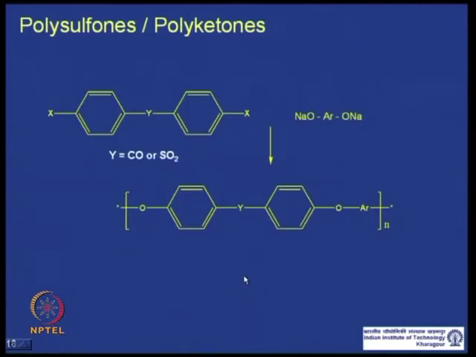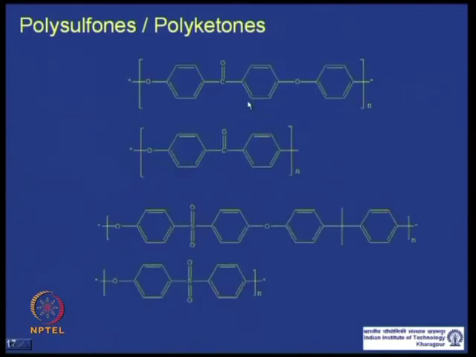And commonly these are called, I will show you the example in the next slide. If you have a CO, these are called polyketones, and specifically this structure is called polyether ketone, and this simple one is called polyether ketone. If you have a sulfone group, SO2 group in here, then these are polysulfones.